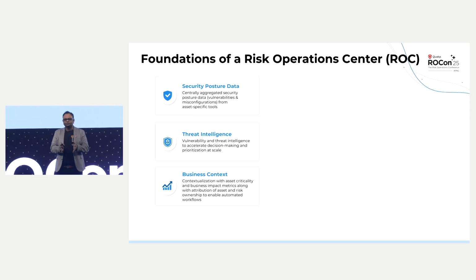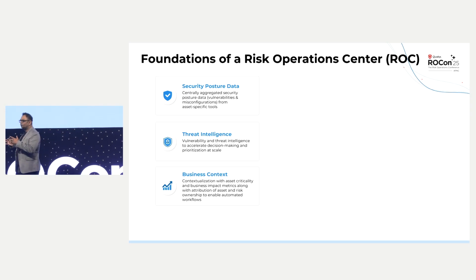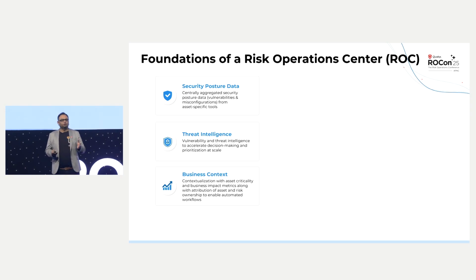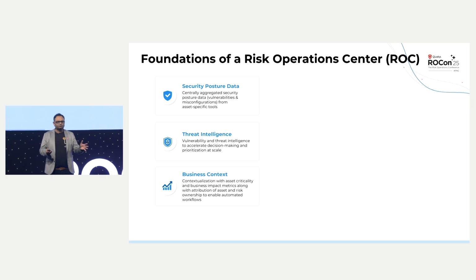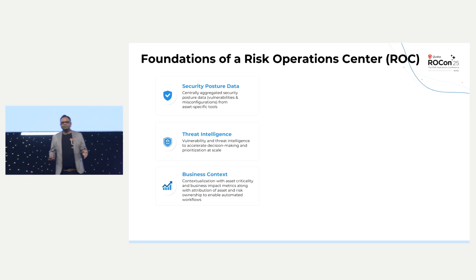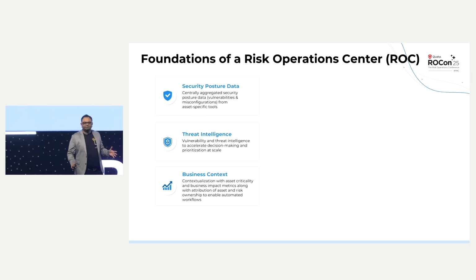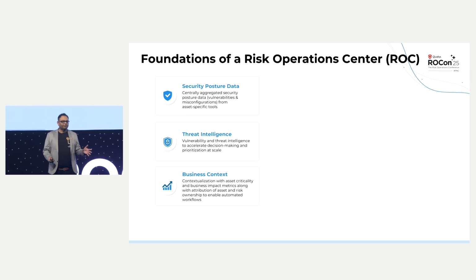So let's quickly recap the definition. Very simple. What do we do in the ROC? We get your security posture assessment data, which is vulnerabilities, misconfigurations, identities, from Qualys products plus non-Qualys products such as your CrowdStrike, Palo Alto Firewall, Wiz, etc. Then we apply best-in-class threat intel powered by our own threat research unit team plus 25 threat intel sources that we have integrated.